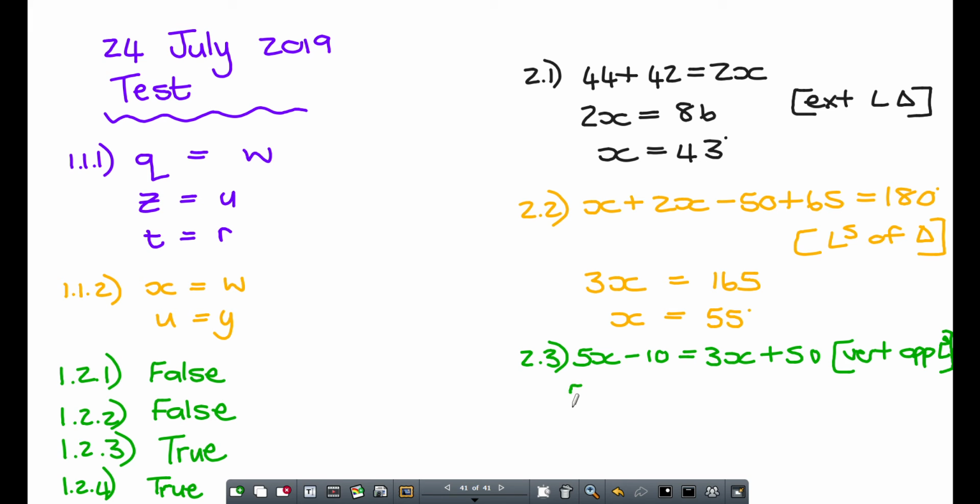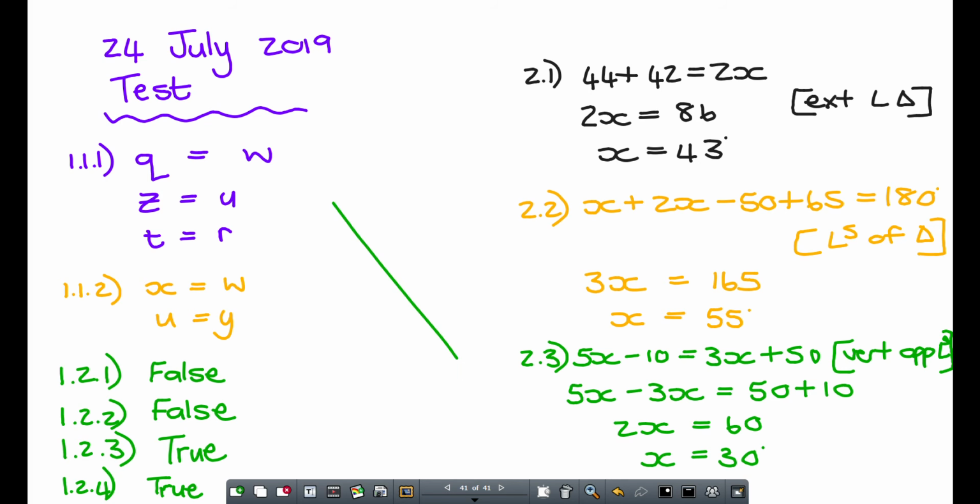Okay, so let's take all the x's to the left and all the normal numbers to the right, which means that 2x is equal to 60. So x would be 30. Yes. Vertically opposite means I've got that X. So the ones, oh, vertically opposite angles.